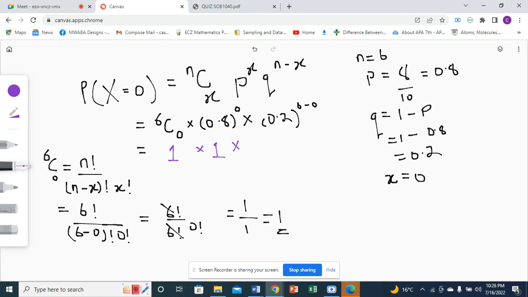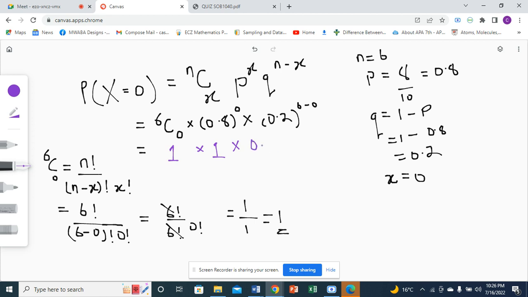Let me get my calculator then. 0.2 to the power 6.